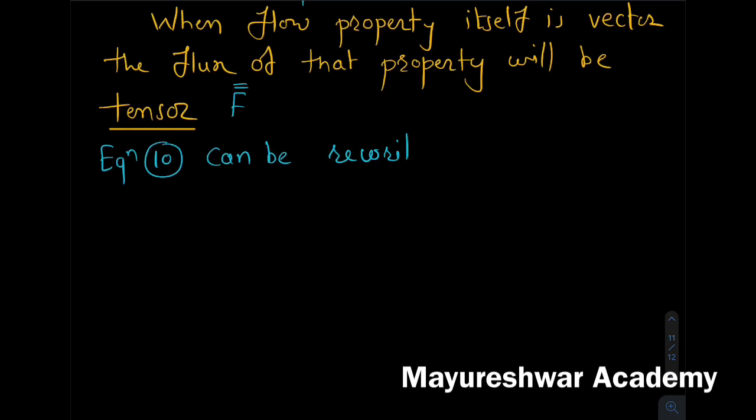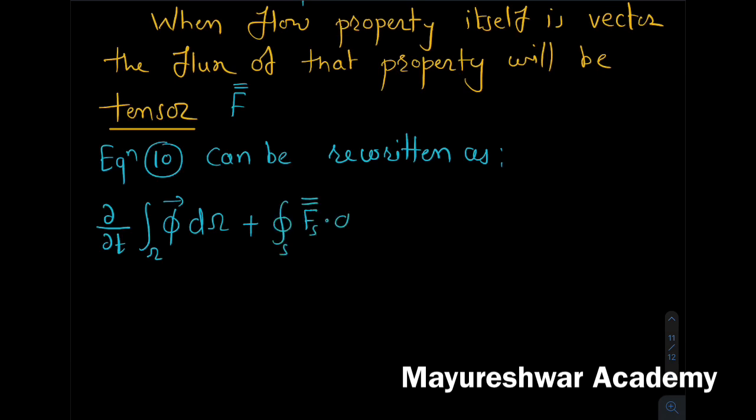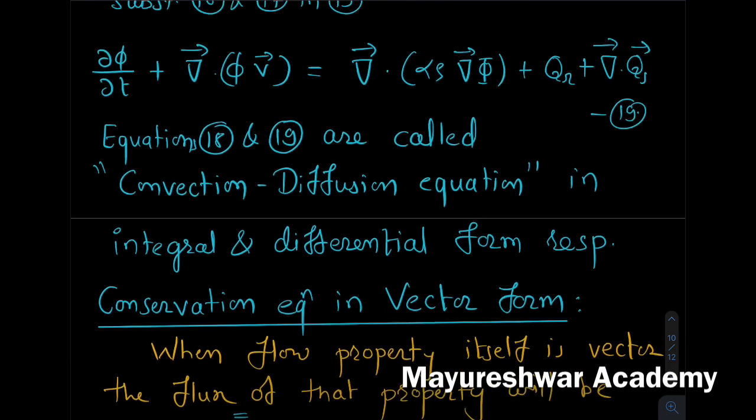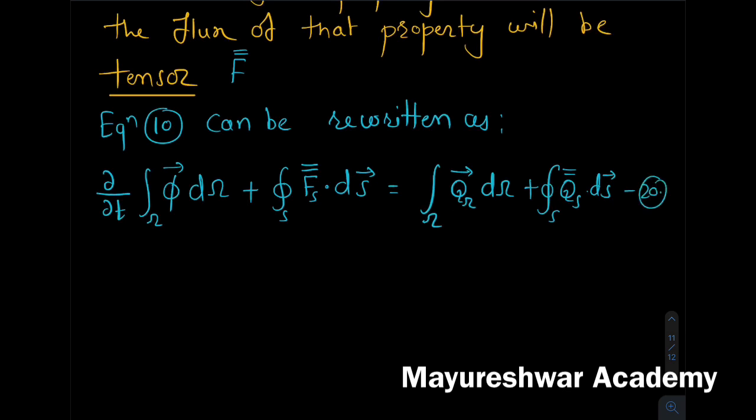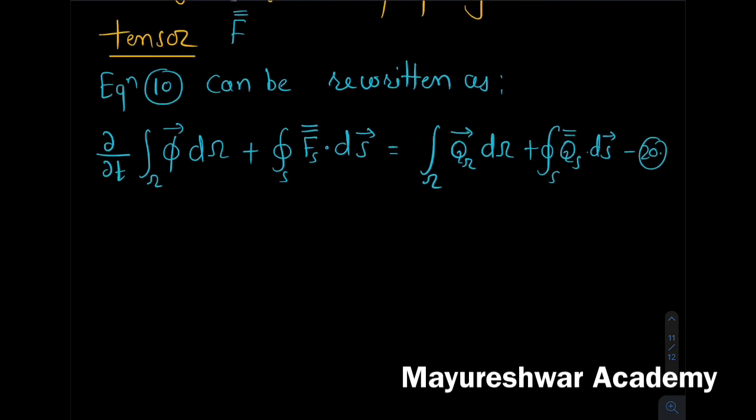F double bar can be rewritten as, partial over partial t of now phi bar, which is a vector term, and the closed surface integral of Fs double bar dot ds bar. Now this product is again a tensor product, so that it will reduce to terms which are vectors. So again tensor product, and let us call this 20.